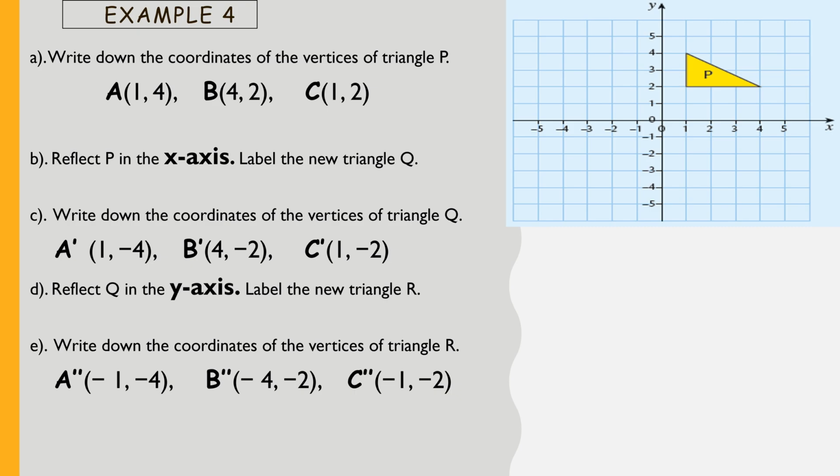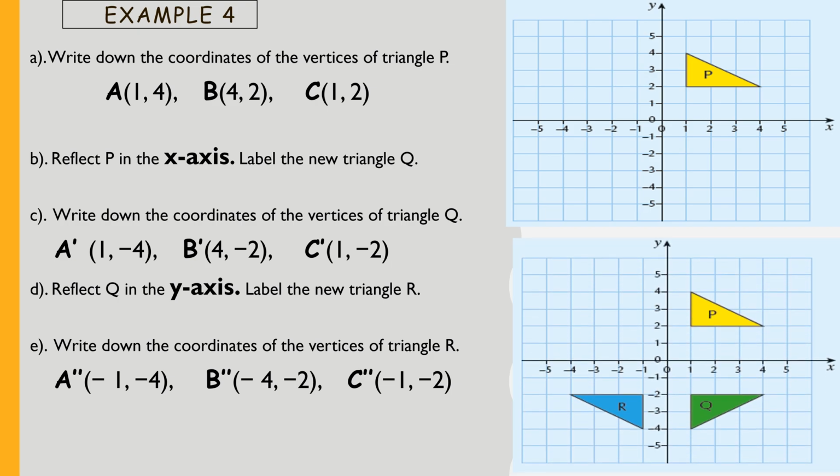When you're done writing down the coordinates of the vertices of triangle Q and R, you can go ahead to graph the image. As you can see, triangle Q and triangle R on the graph. That's the image. So triangle P is reflected in the x-axis to give triangle Q, and triangle Q is reflected in the y-axis to give triangle R.